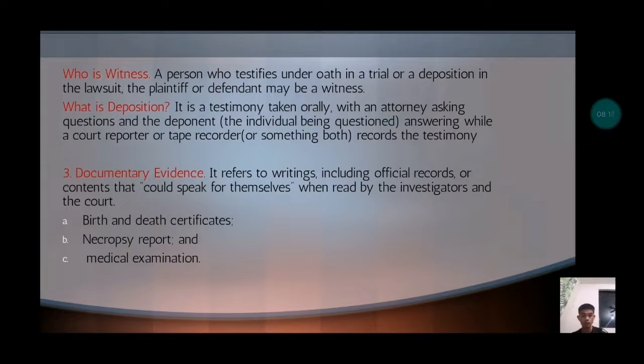And what is a deposition? It is testimony taken orally with an attorney asking questions and the deponent, or the individual being questioned, answering, while a court reporter or tape recorder records the testimony.